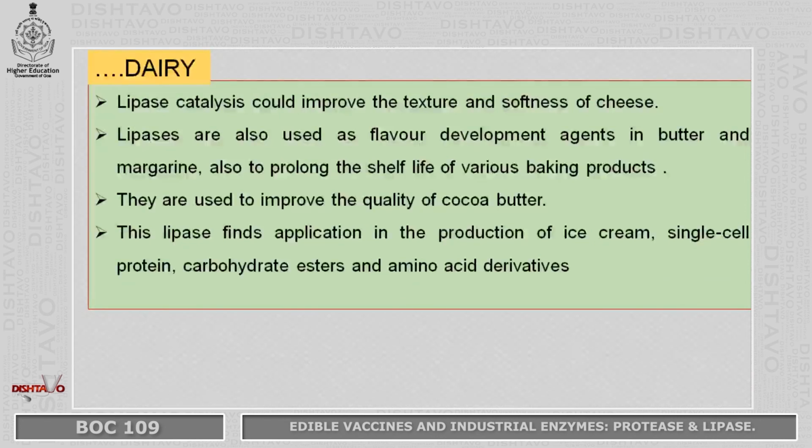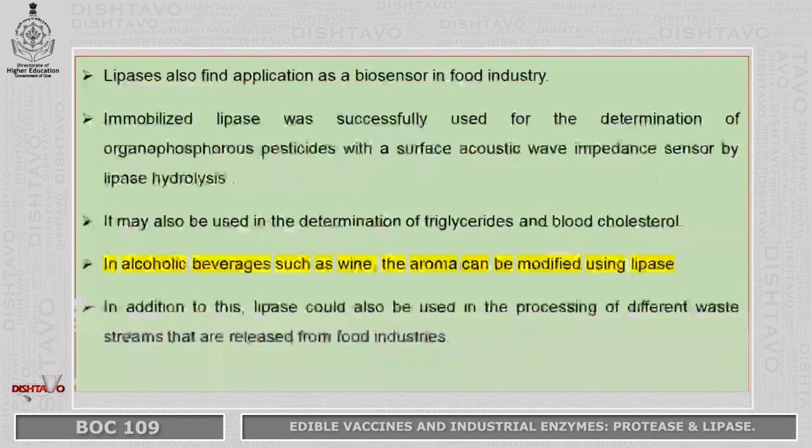They are also used to better the flavor of butter and margarine, to prolong the shelf life of a lot of baking products, and to improve the quality of cocoa butter. They find applications in ice creams, single cell protein, carbohydrate esters, and amino acid derivatives.